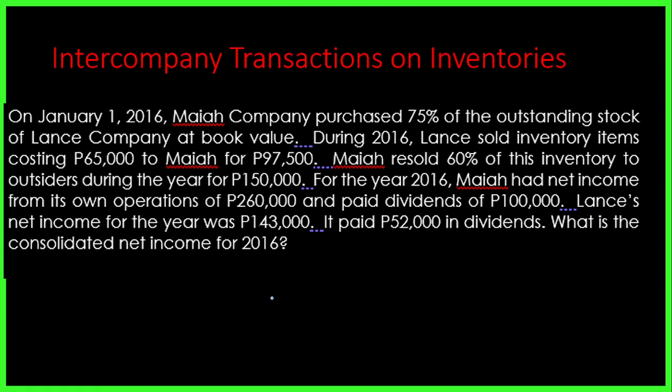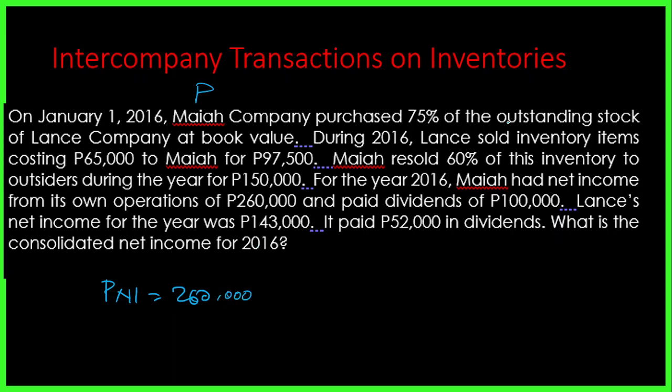Of course, we need the net income from its own operation, from the parent and from the subsidiary. So, sabi niya dito, Maya Company purchased 75%. So, this one is the parent. So, the parent's net income, let's look for Maya's net income. Net income from its own operation is 260,000.